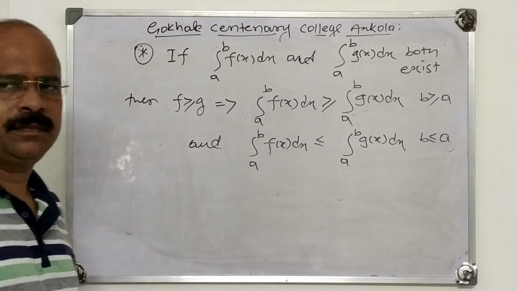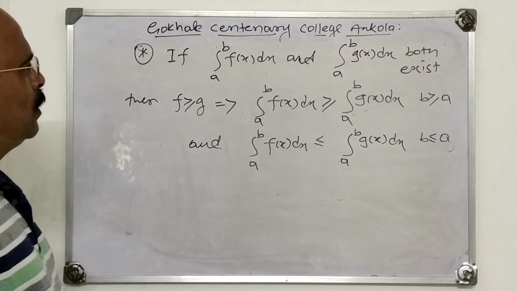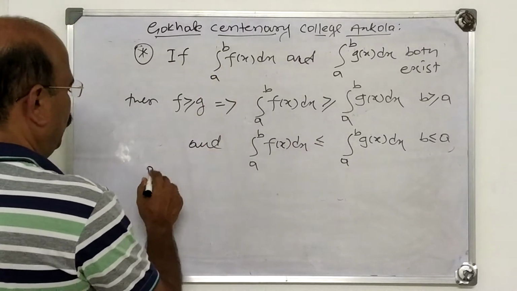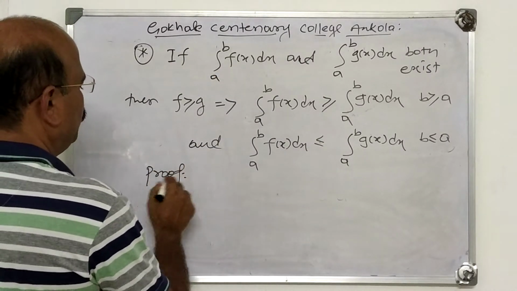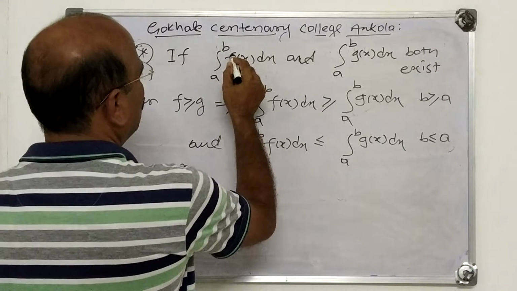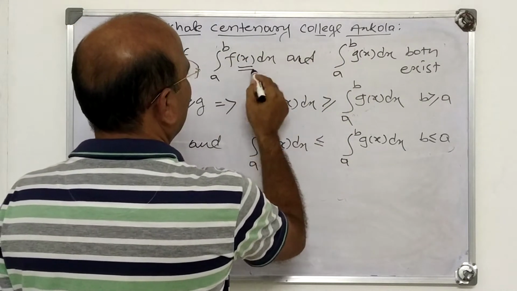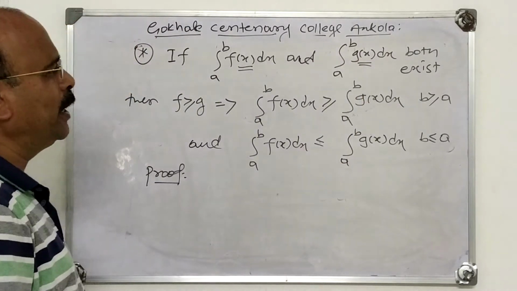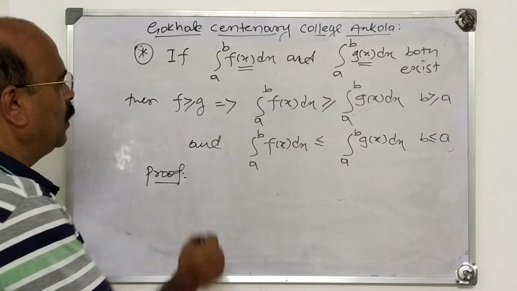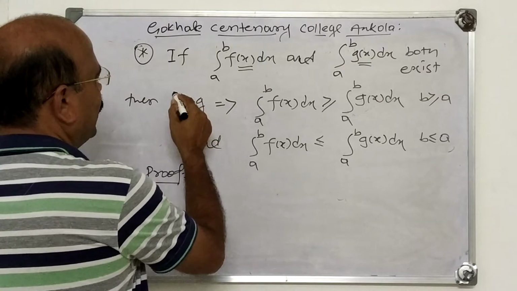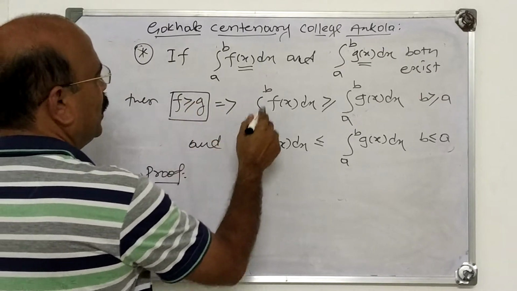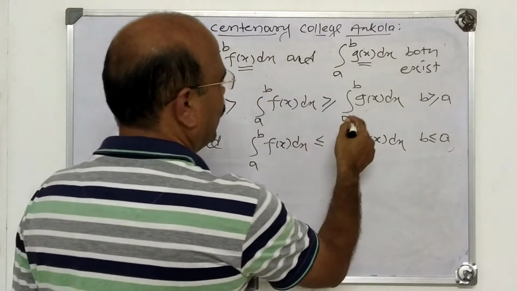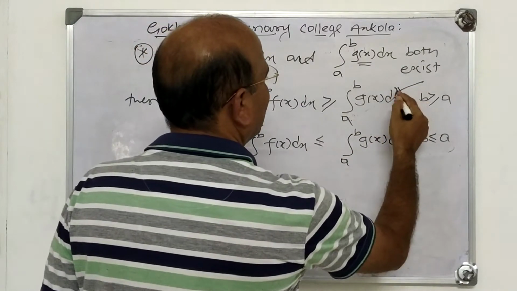See, this is the result. What is given here? It is given both f(x) and g(x) are bounded and integrable, because both exist means bounded and integrable. Now, f greater than or equal to g implies the integral from a to b of f(x) dx is greater than or equal to the integral from a to b of g(x) dx.